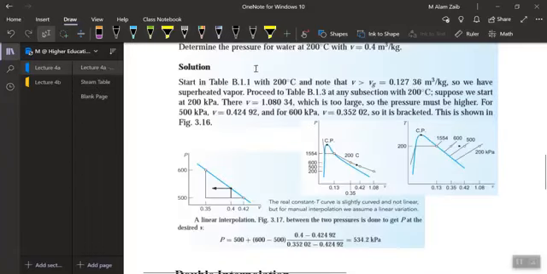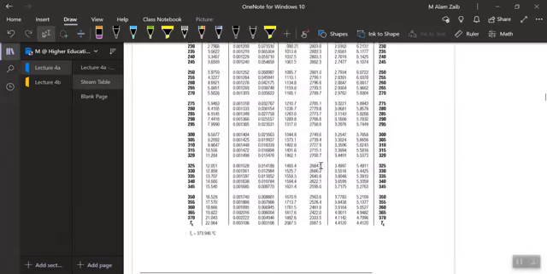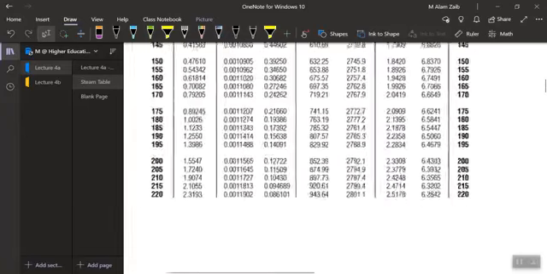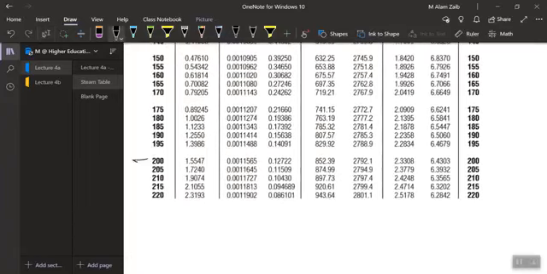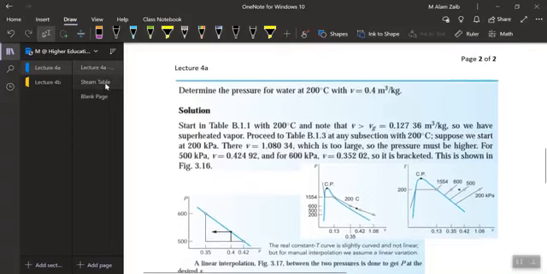Now, in the saturation table, the temperature table at 200 degrees centigrade, we have to find the volume. So let's check the volume at temperature 200 degrees centigrade. So this is actually our temperature. Temperature is 200 degrees centigrade, and let's check the volume. Our given volume is 0.4 cubic meter per kg.